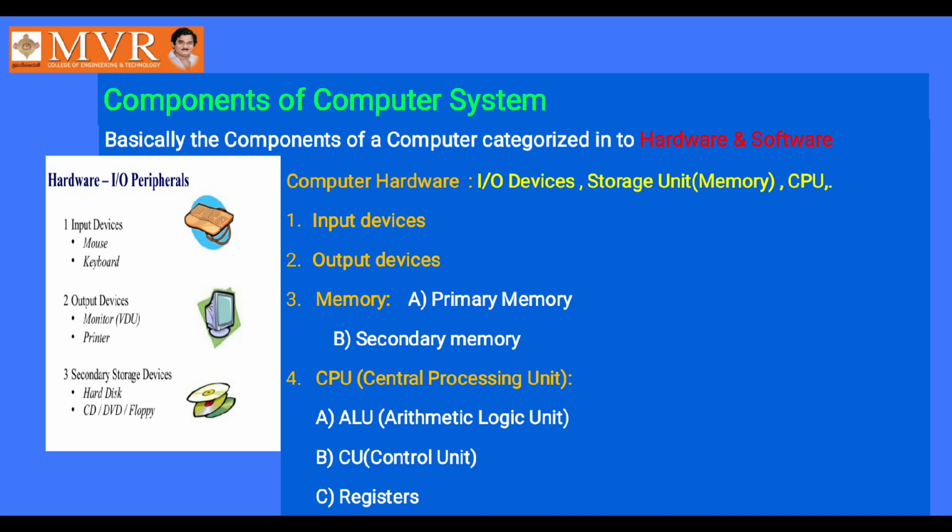Nowadays you are also getting pens, touch pens to write on your Android touch mobiles or to note something. That is also one of the input devices. These are all the various input devices that are available in the market.